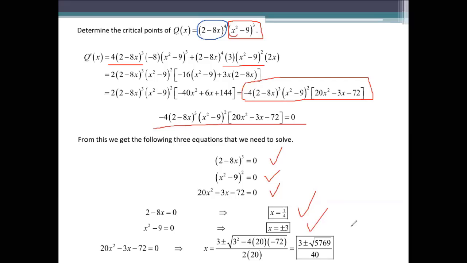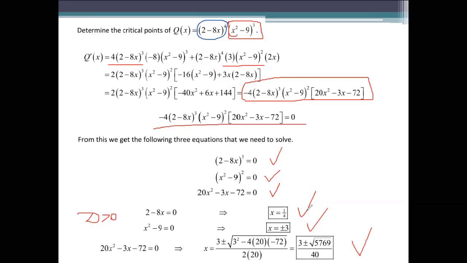This one is the second one. And now the next one, the quadratic equation we have here. Here also the discriminant is greater than 0, and it means it has 2 real distinct solutions. And when we solve the quadratic equation, we get the following answer: 3 plus minus square root of 5,769 over 40. You can check this one, and this is from the third equation.